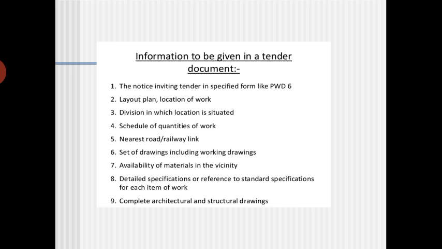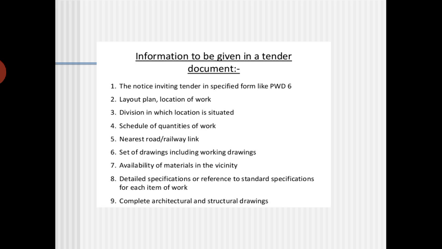And for bricks, what will be the specifications according to whether it is an IS classification, what will be the strength of that, what kind of mix you are doing, that is 1 is to 3 is to 6 or 1 is to 2 is to 4, all that information should be given in that tender document.